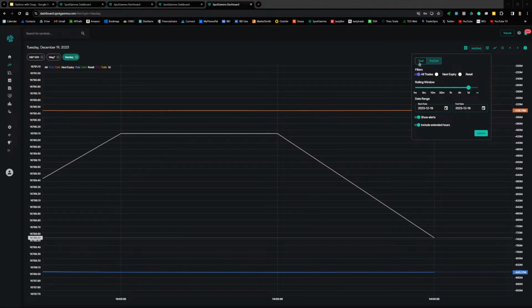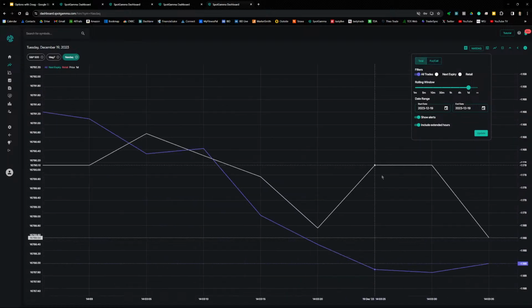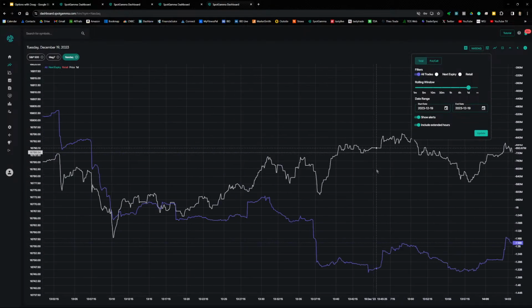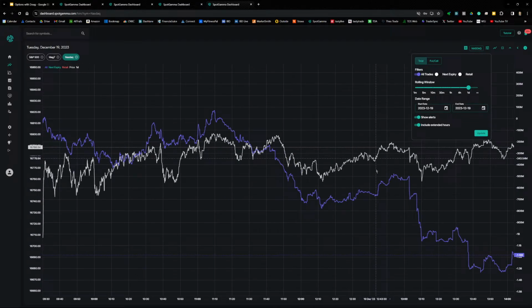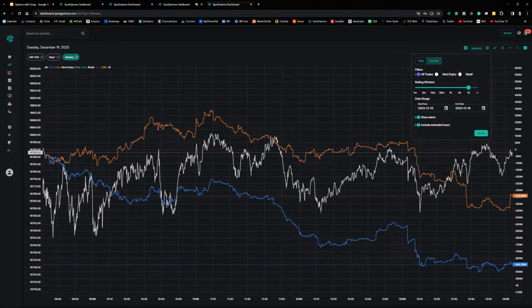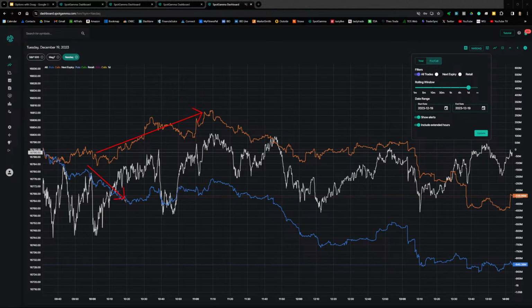This won't stay still long enough to even show the setup. Try that one more time. So anyway, traders start buying calls. Initially they were buying puts. They stop buying puts.